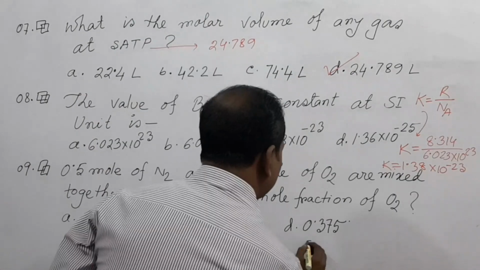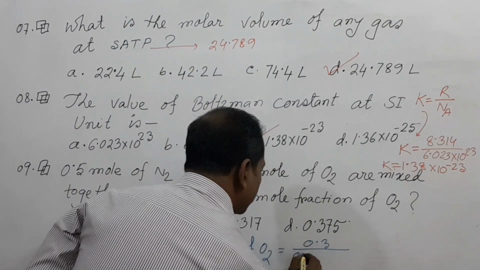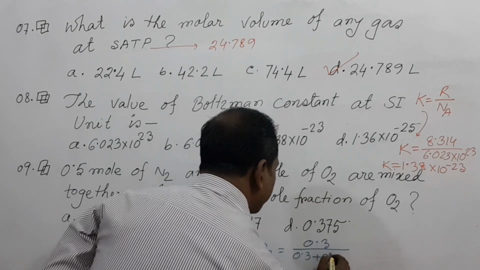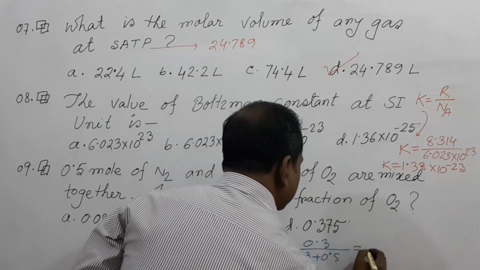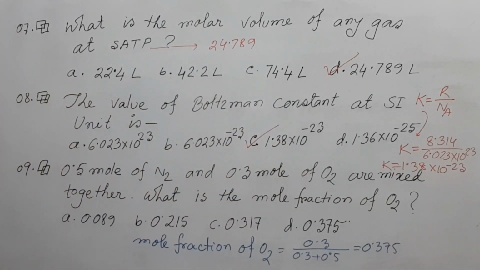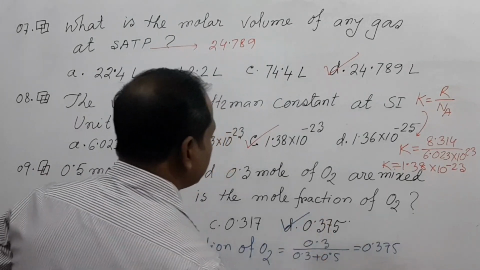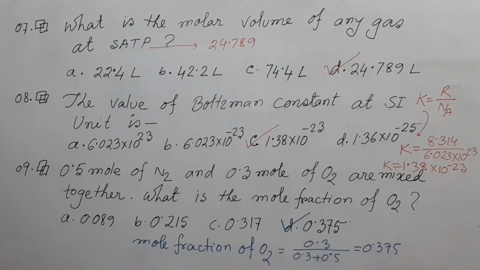That means 0.3 divided by 0.3 plus 0.5, and the answer is 0.375. So option D is the correct answer.